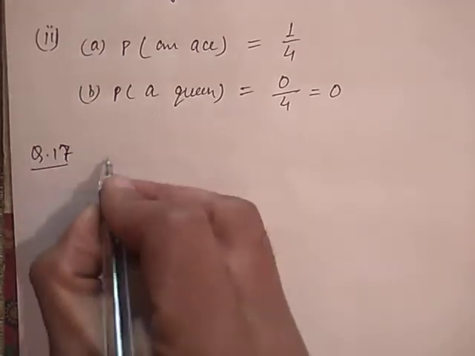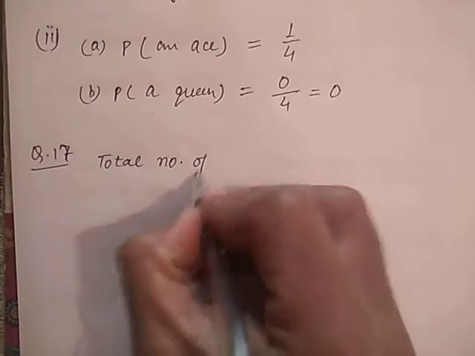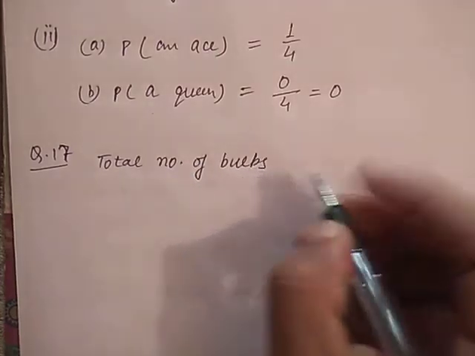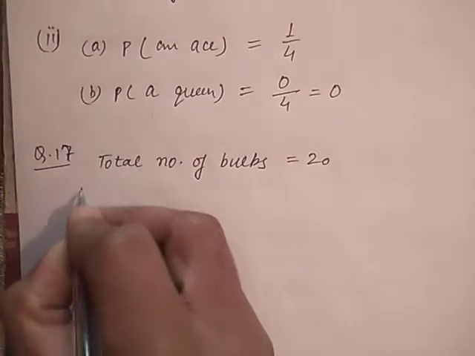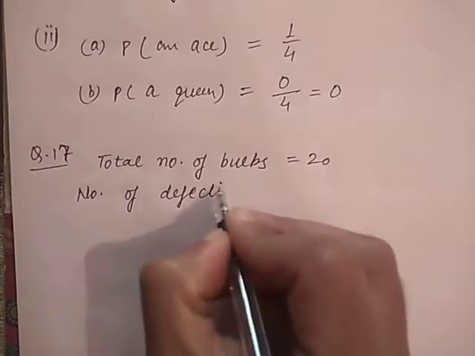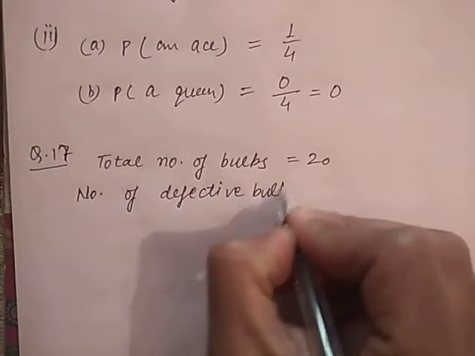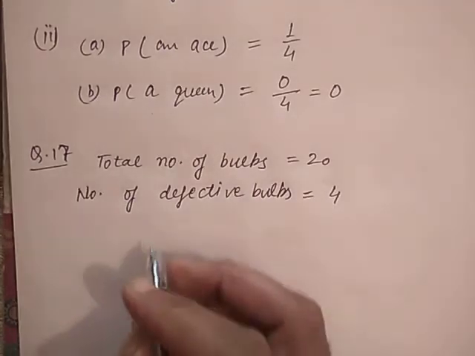Total number of bulbs is equal to 20. Number of defective bulbs is equal to 4.